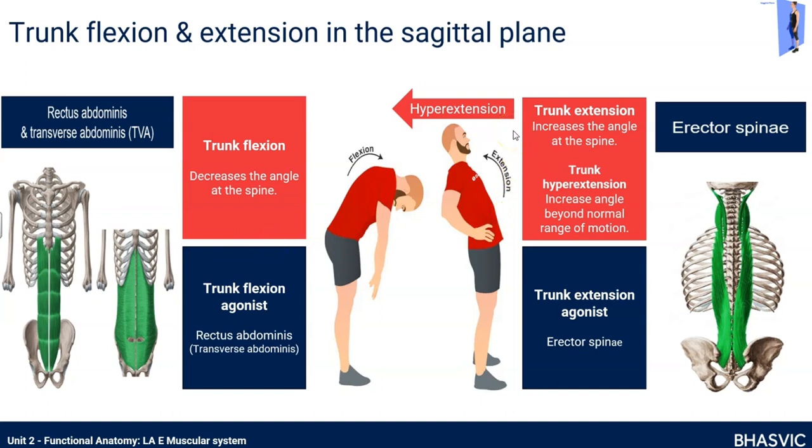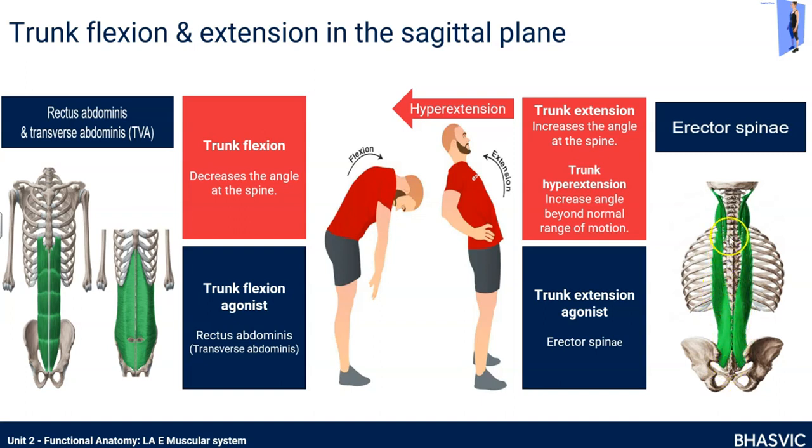Then we have extension. If you increase the angle at the joint, that's trunk extension. So increasing the angle at the spine, the vertebral column. The agonist for that is erector spinae. It's considered one muscle, but I suspect it's kind of a group of attachments.